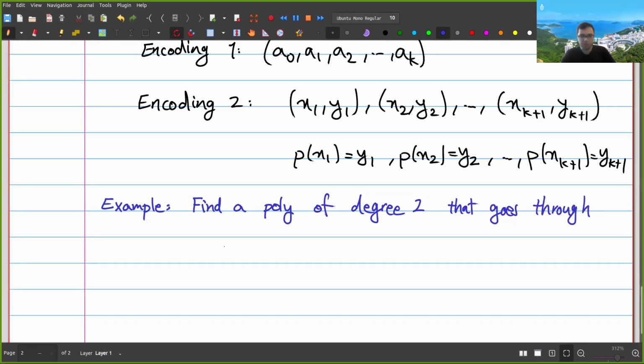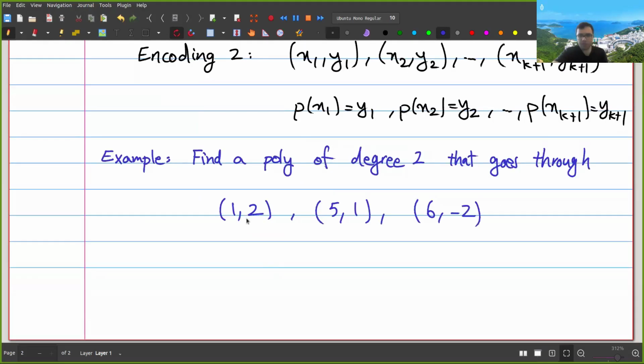For example, it goes through 1, 2, it goes through 5, 1, and it goes through 6, minus 2. So I want to find the polynomial p such that p of 1 is 2, p of 5 is 1, and p of 6 is minus 2. I'm giving you 3 points, and I'm saying find the polynomial of degree 2 that goes through these 3 points.